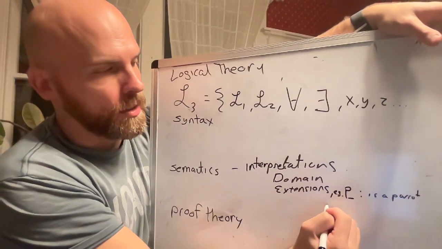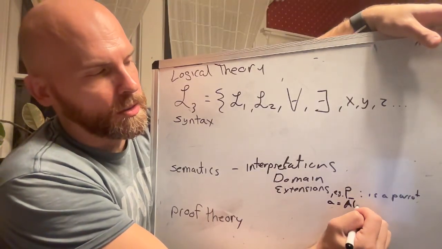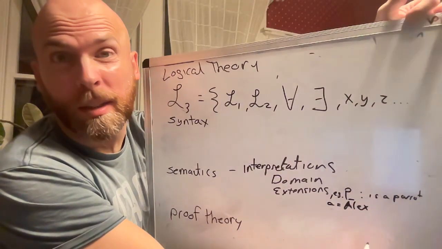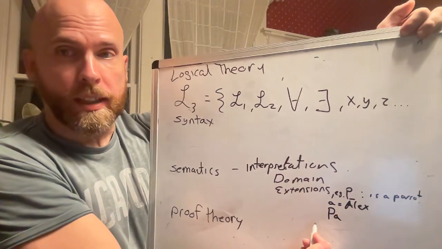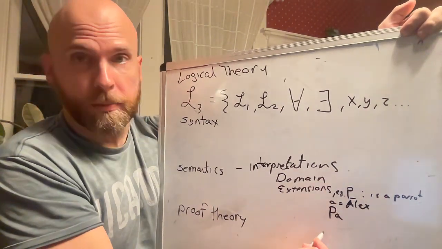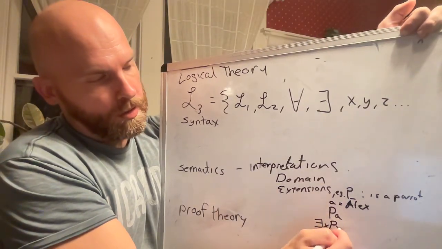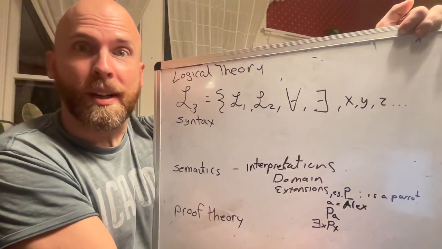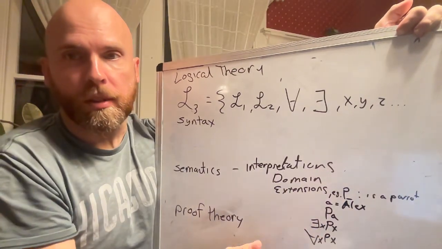We also identify what it means to be an extension of constants like lowercase a. We'll say that's something like Alex. Perhaps Alex is a parrot. If we wanted to write that in our language, we'd say something like that. Alex is a parrot. And if we wanted to say something is a parrot, or everything is a parrot, and so forth.